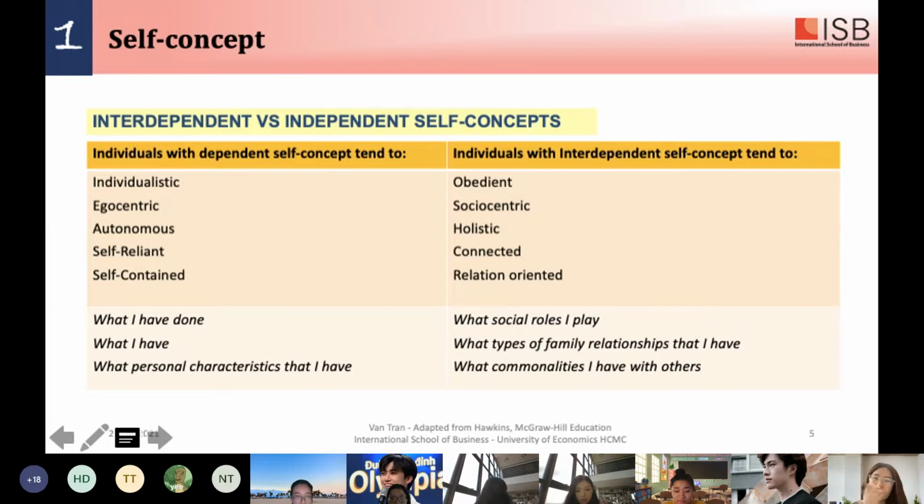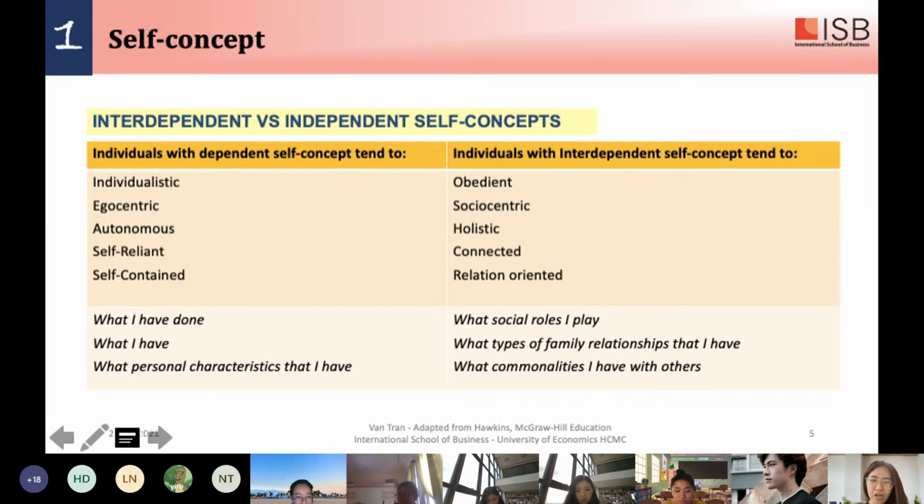So what you're saying is if it is solely about yourself, then you are more of an independent person. That means you see yourself as independent.